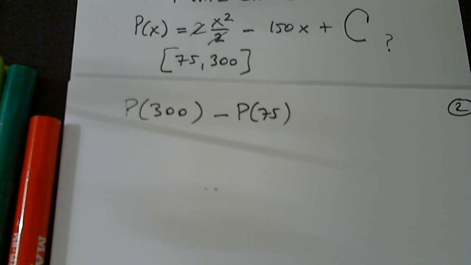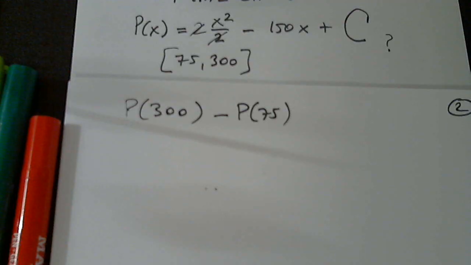I don't recommend it. So we plug in 300, we plug in 75, and we subtract. When I plug in 300, I got, let me double check that this is x squared, yes, minus 150x, correct.